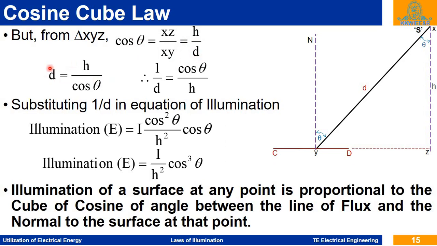So we take the reciprocal of this D. 1 upon D is equal to cos theta upon H. Now we substitute this 1 upon D in the Lambert's cosine law. So illumination E is equal to I, and 1 upon D square means cos square theta upon H square, multiplied by cos of theta.